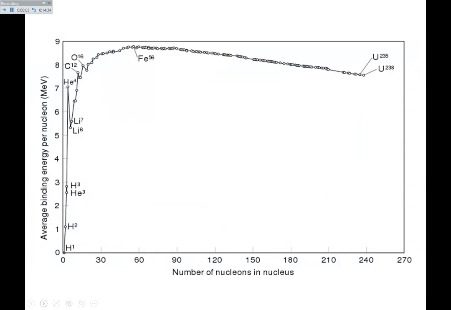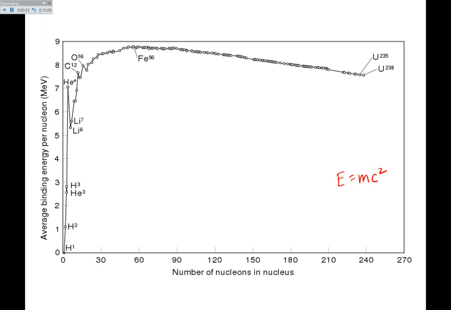Now, finally, I want to talk about the underlying reasons as to why some of these nuclei are stable and others of them are unstable. This is the binding energy curve. And if we remember Einstein's famous equation, E equals mc squared, then we can find out what the energy level of an isotope is by simply measuring its mass.